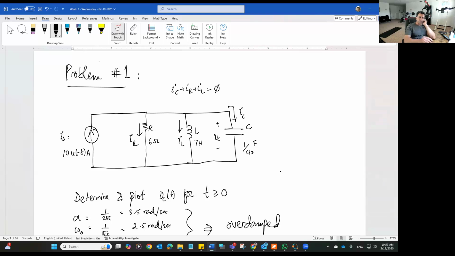It's a natural circuit, of course, IS is gone at that time. What will be the expression for IR? Come on, look at the circuit.